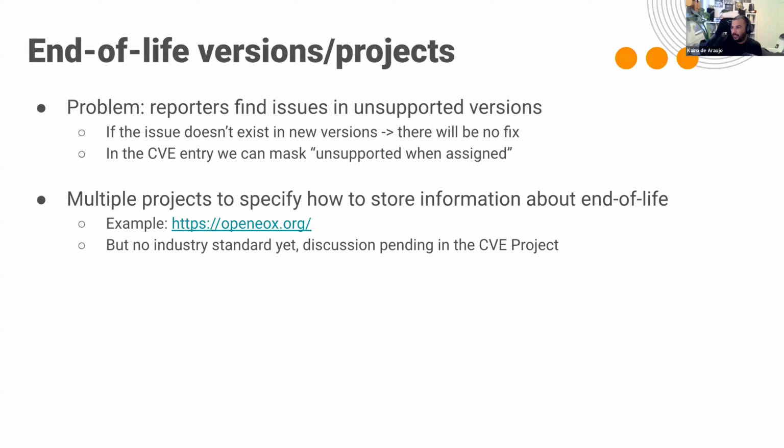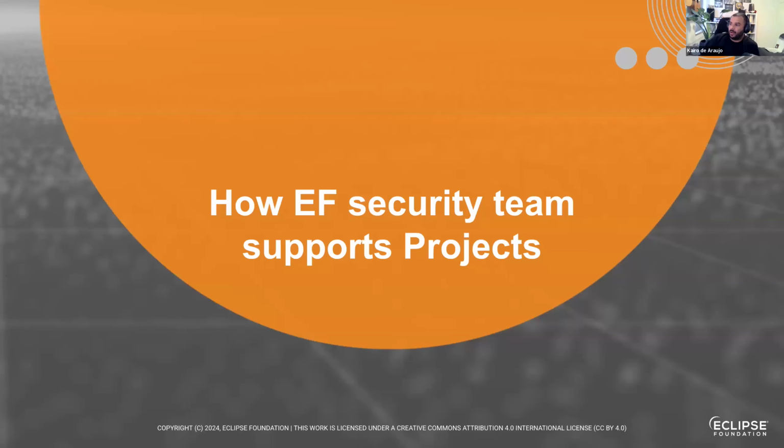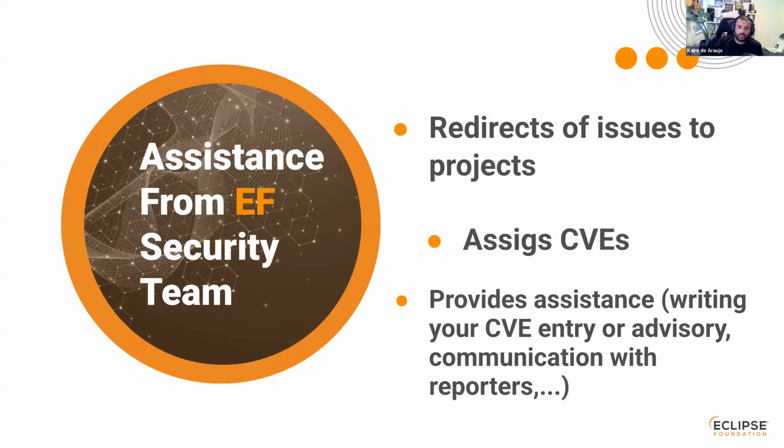So how does the Eclipse Foundation security team support the projects? We have 100 projects that we need to deal with every week when we are working together with them. And what is our work together with them?